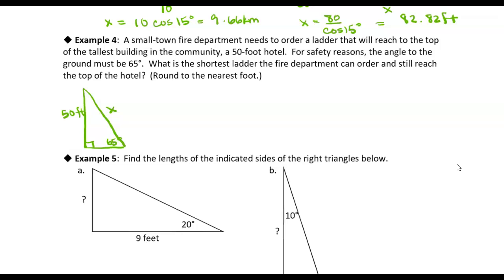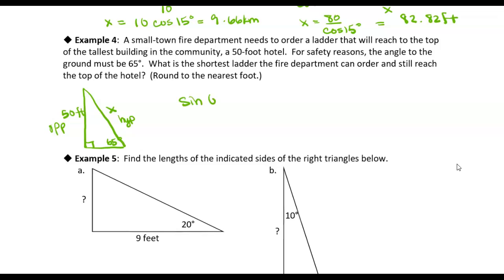Okay. So, again, we have an angle. We're given the opposite side, and we want to find the hypotenuse. So what do we need to use to figure this out? You need to use the trig function that involves opposite and hypotenuse, which is sine.